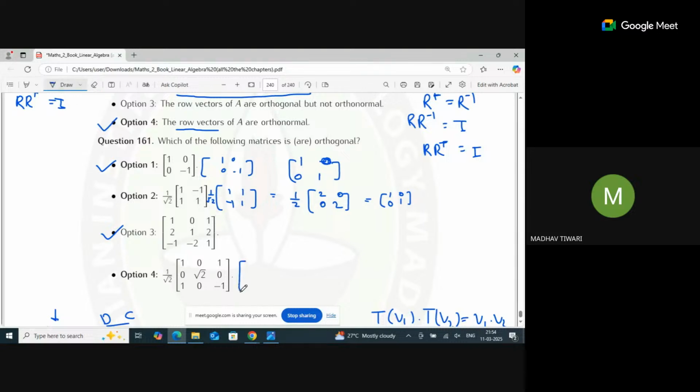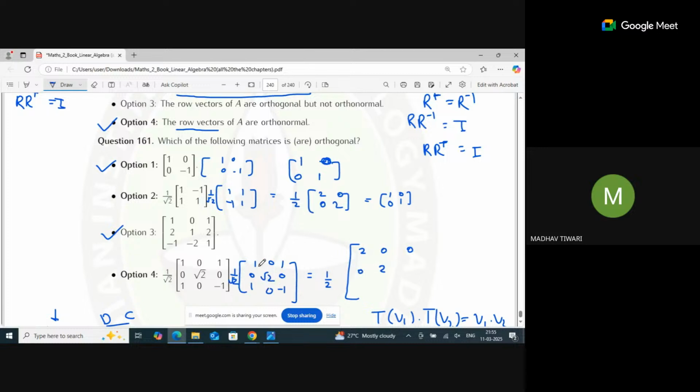Now I multiply this with the matrix [1, 0, 1; 0, root 2, 0; 1, 0, -1] and its transpose, with the 1 by root 2 factor, so it will be 1 by 2 times this matrix. 1 times 1 plus 1 times 1 is 2. 1 times 0 plus 0 times root 2 plus 1 times 0 is 0. 1 times 1 plus 0 times 0 plus 1 times minus 1 is 0. Then 0, root 2 times root 2 is 2, and 0.